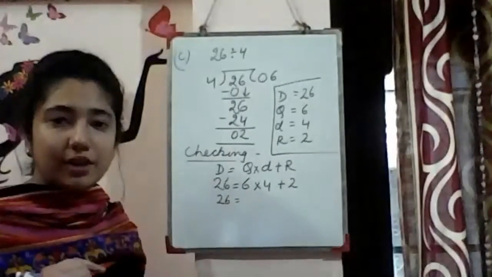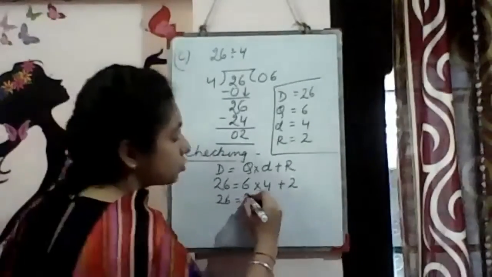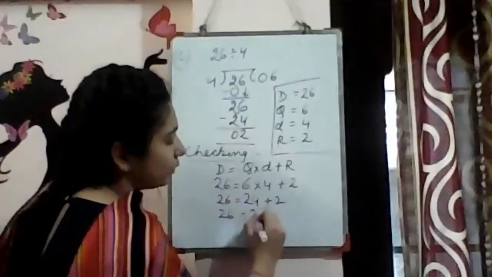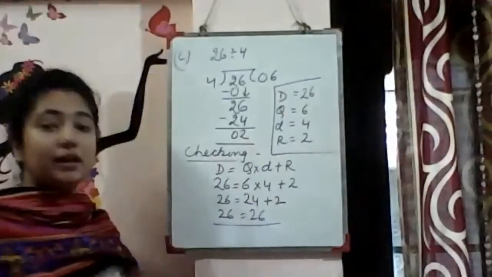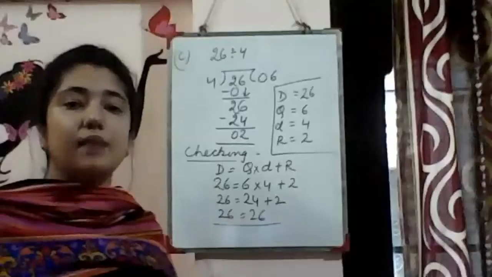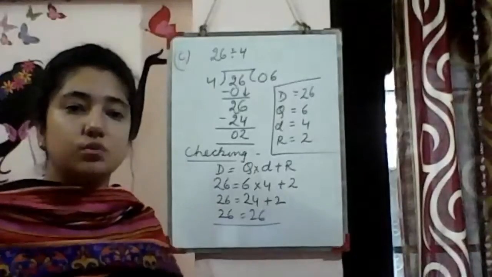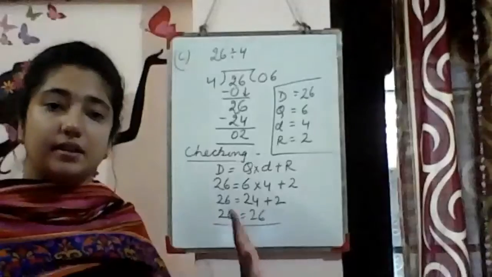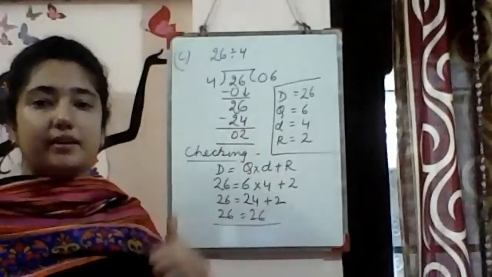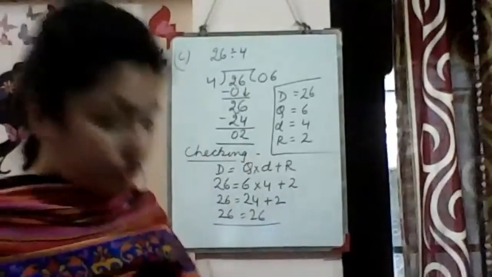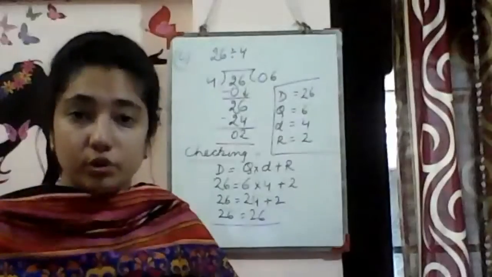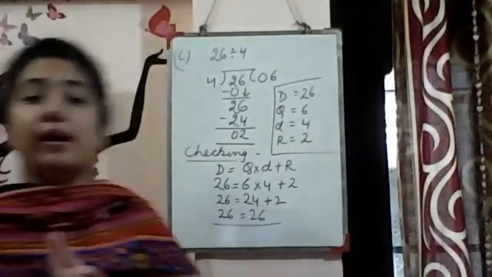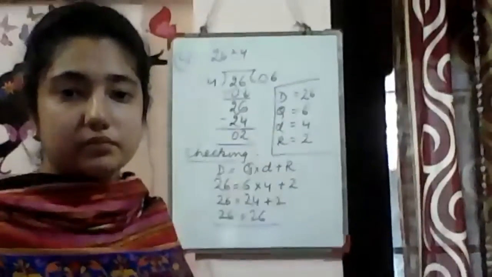We will do the multiplication part. 6 fours are 24 plus 2. And 24 plus 2 is 26. And ultimately in the end, we have got the same answer. On both sides, we got 26, 26. It means our checking part is done and our division is right. Okay. So very good to those. Very good. I am clapping for you all. And those who had already done it before me with the checking part also, very good.